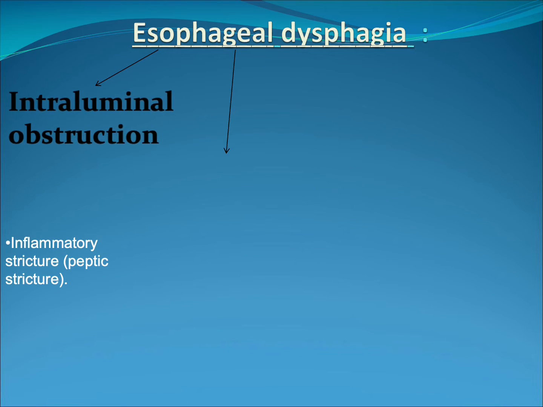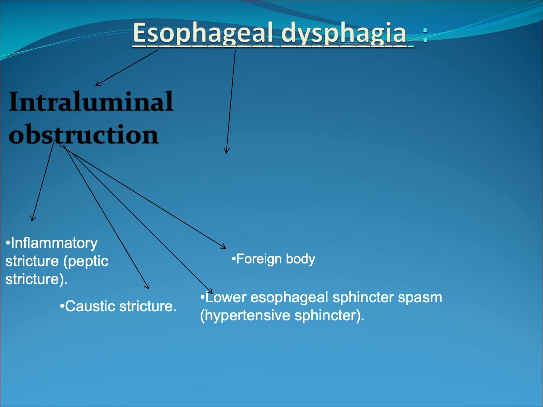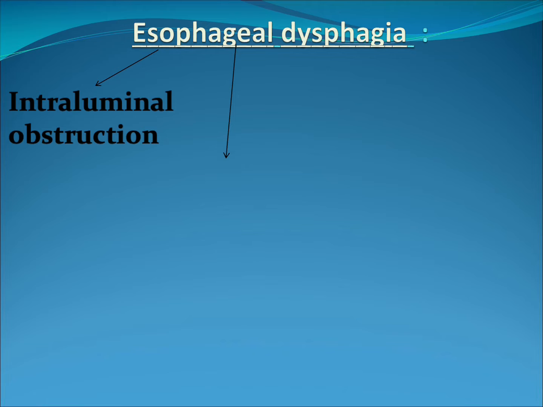So let's think about intraluminal obstruction. We might think about things causing a stricture, masses or tumors. There could be hypertensive sphincter, could be foreign bodies or impacted foreign bodies, and there are rings and webs, which also might cause the obstruction, as well as obstructive strictures.